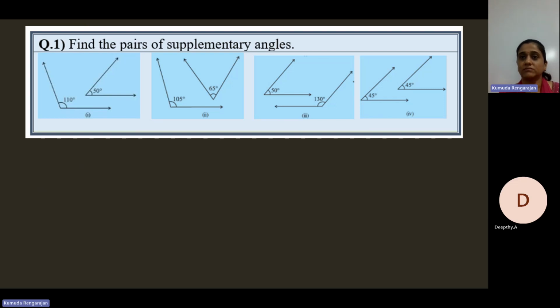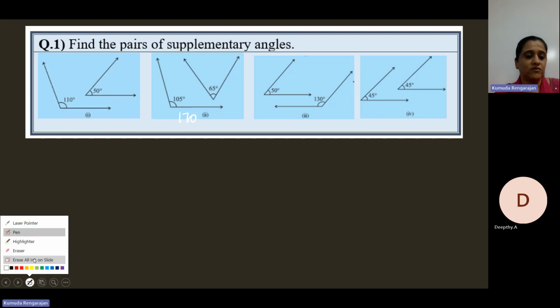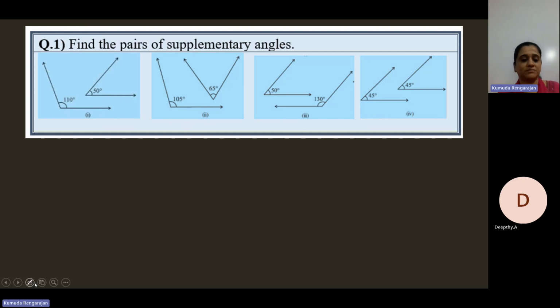In the fourth one, 45 plus 45 is 90. The two angles are complementary, not supplementary. The third one, yes, 130 plus 50 is 180. They're supplementary. Second one, the sum is 170 degrees, so they're not supplementary. And the first one, the sum is 160 degrees, not supplementary.